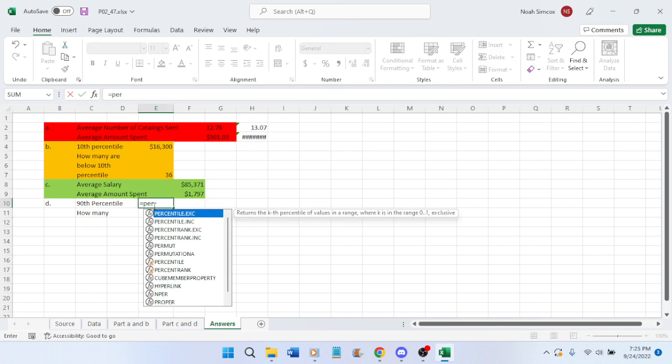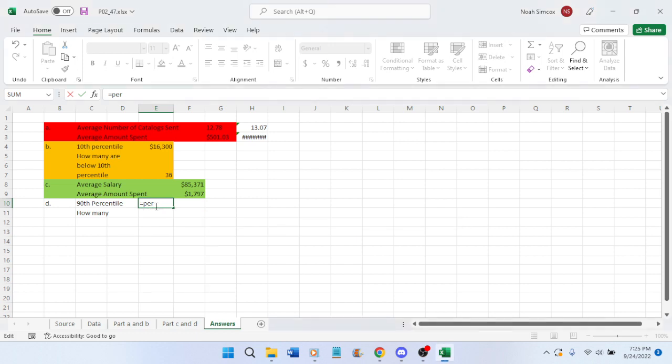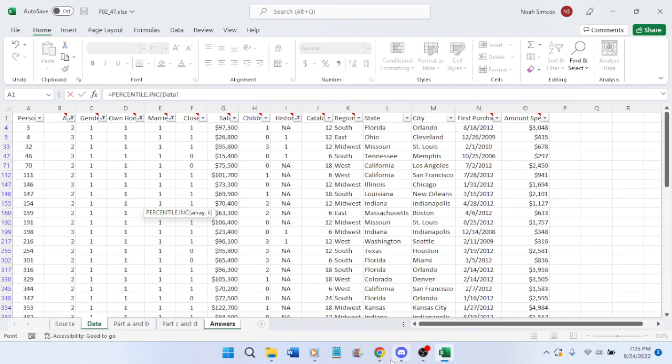Equals percentile.inc. Percentile. Data.